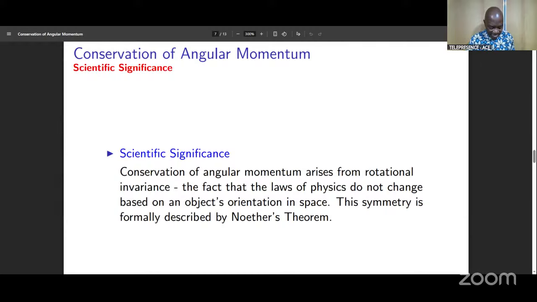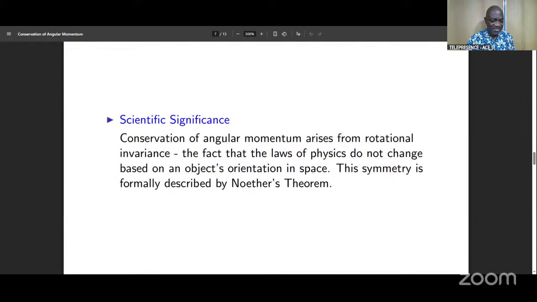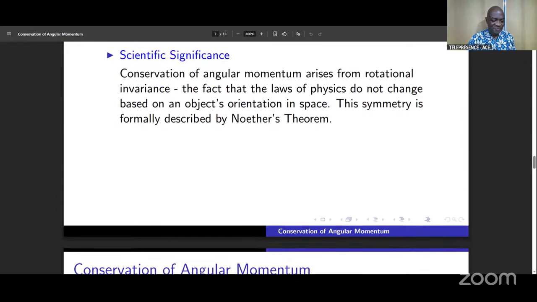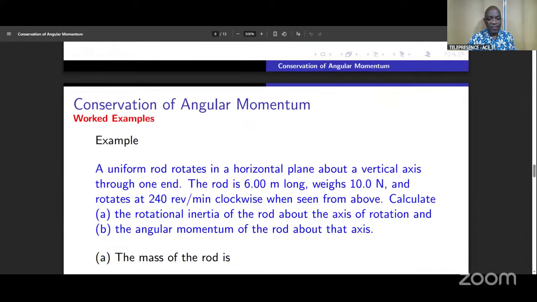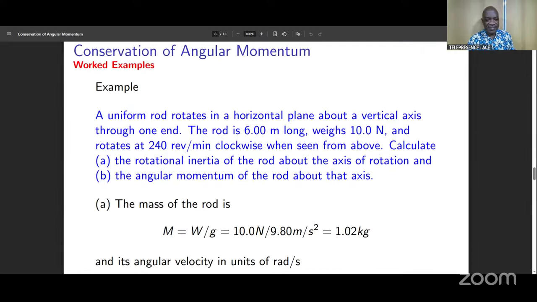Now let's take a couple of examples. So this is an example. You have a uniform rod. A uniform rod rotates in a horizontal plane about a vertical axis through one end.